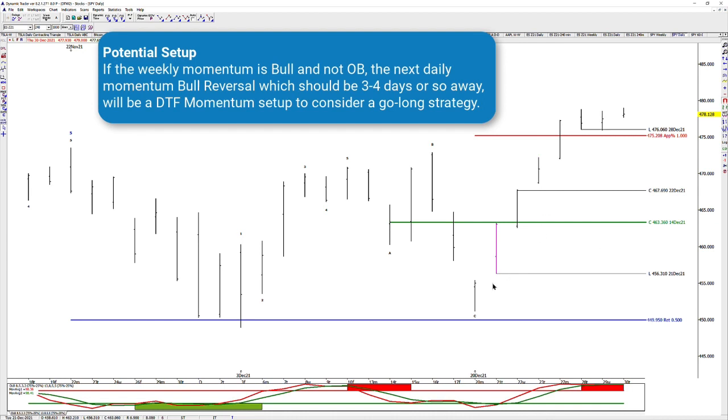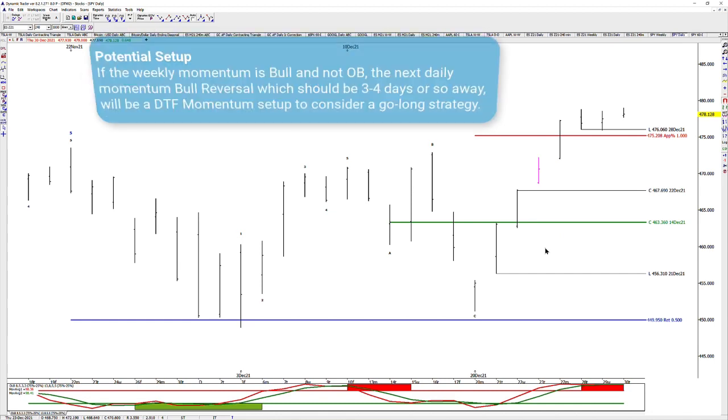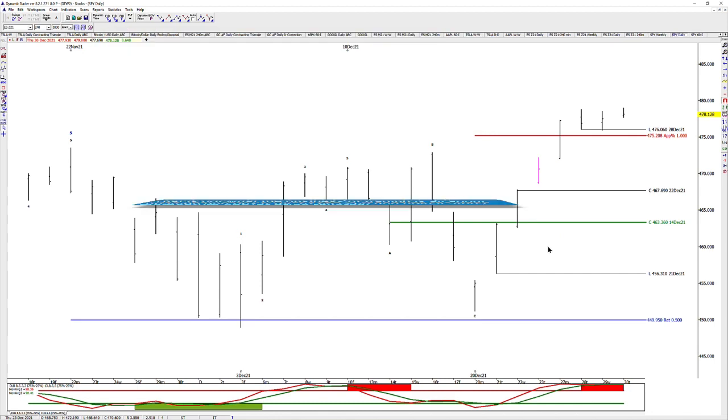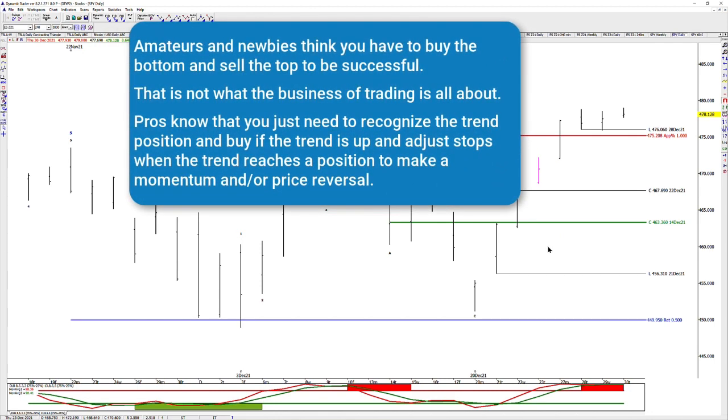But I wanted to show you this example because it's another example of how you don't have to buy the bottom or sell the top. You just have to buy when the trend is up, and it more than likely has more to go on the upside, and then protect your position when it gets to a point where it's at least going to be making a daily high.